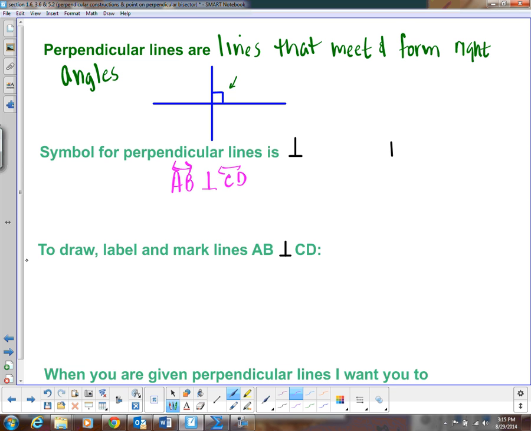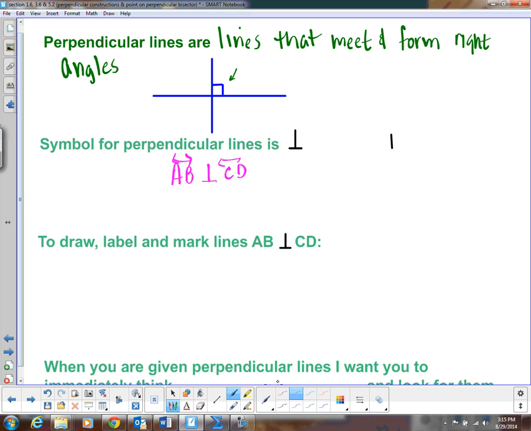If you want to draw, label, and mark perpendicular lines AB and CD, you're going to draw one line, and you're going to draw another line. That was the draw. I don't want to get ahead of myself. Now here's the label. This is A, B, and we'll make them lines.